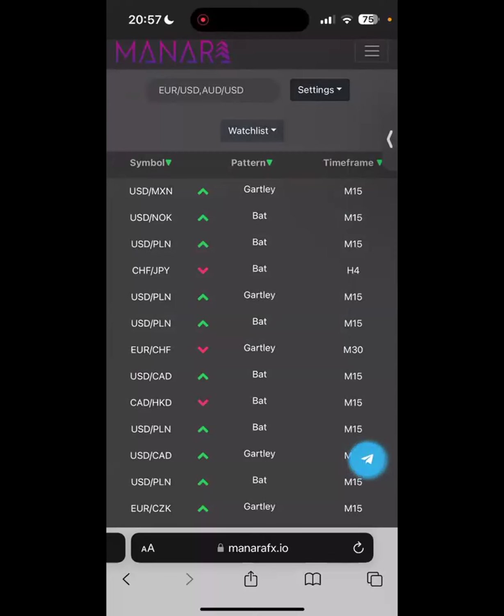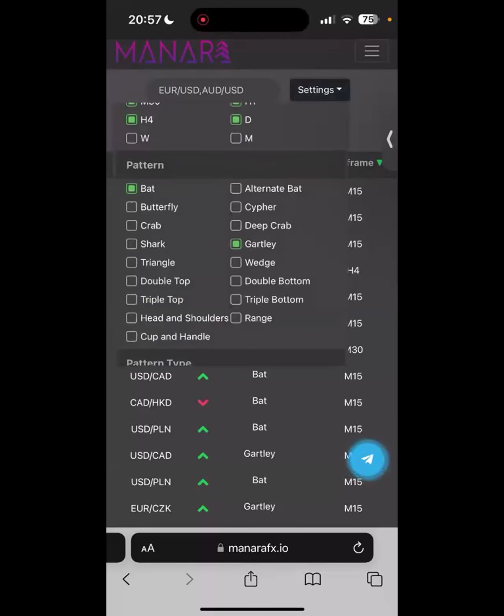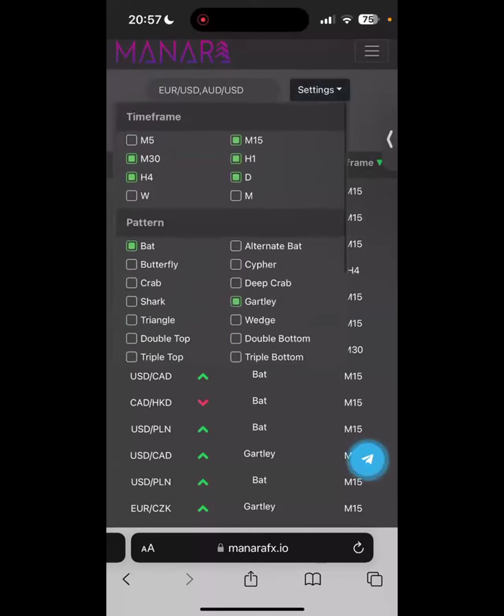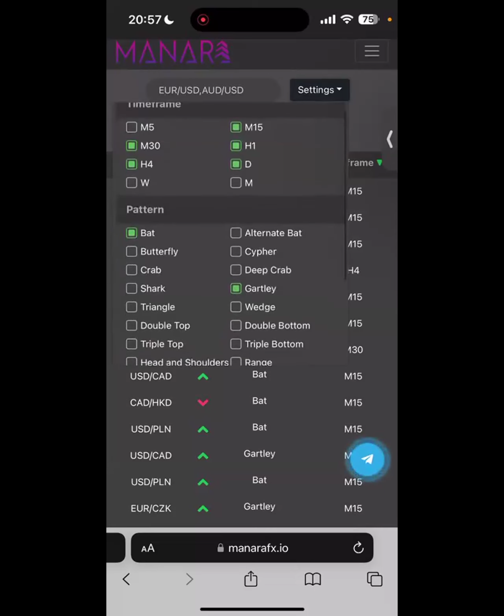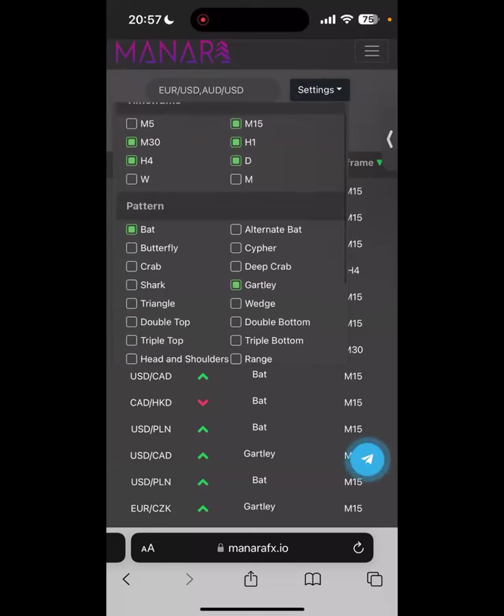So click on settings so Kunle can take a screenshot. Kunle, this is the same setup we have on monitor. So just scroll down so he can see. We only chose Bat and Gartley.